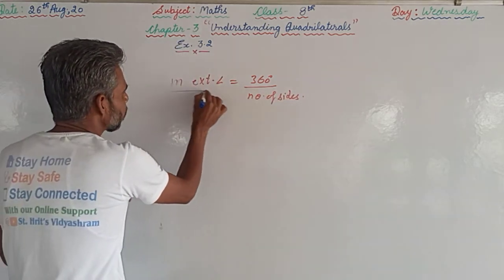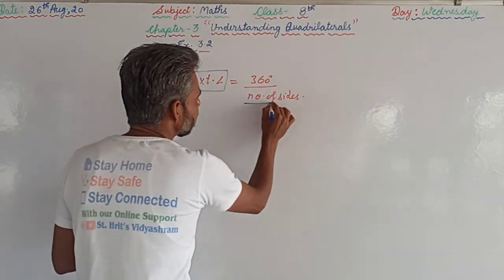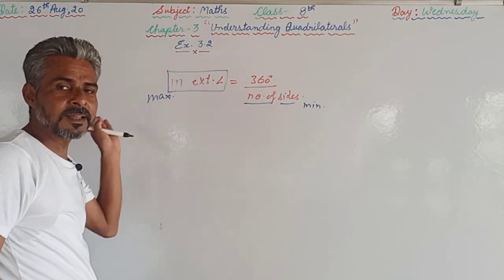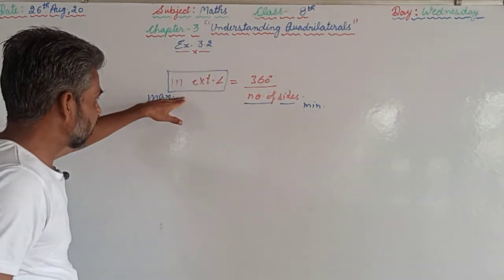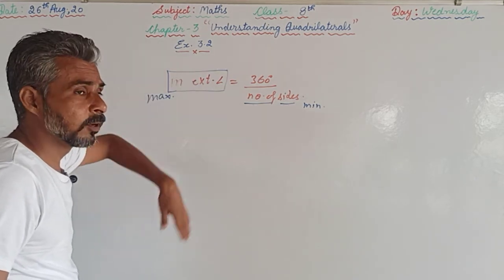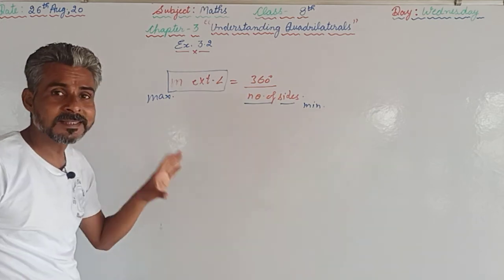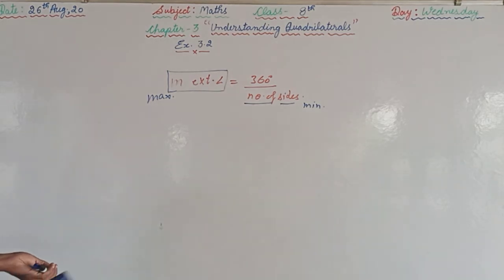Means if we are supposed to maximize that, the divisor should be minimum. With the minimum we have to divide, we will get the maximum. So for the maximum exterior angle, we divide by the polygon having the minimum sides, and that polygon is the triangle.